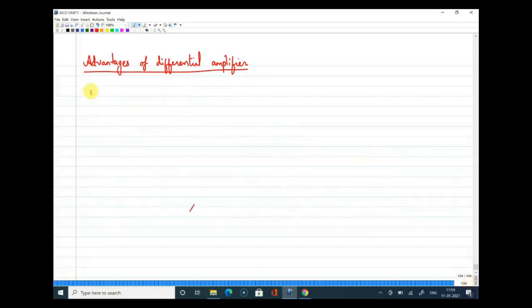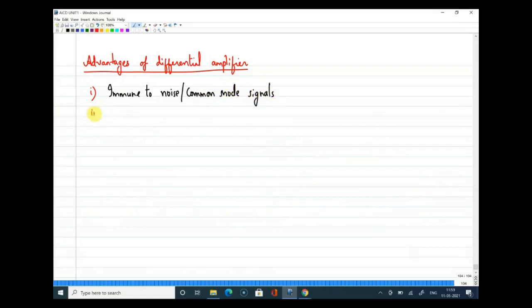Let me just list out the advantages. We are specifically looking at two advantages. One is that it is immune to noise or common mode signals.